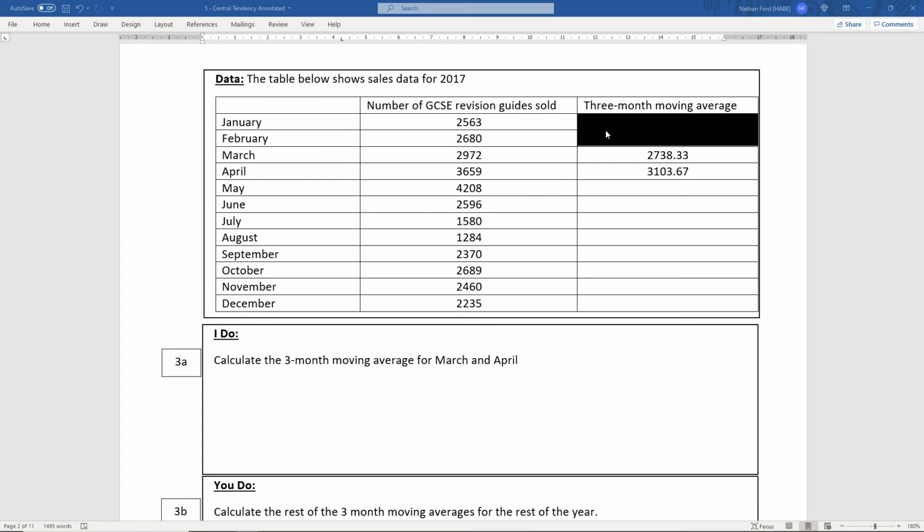It's done for the first two, but I'll help you with the third one.